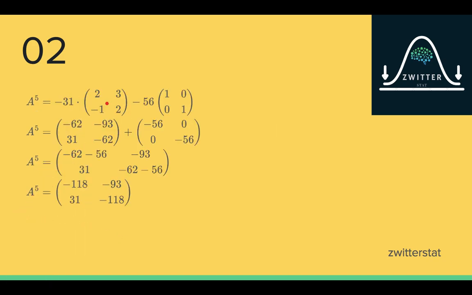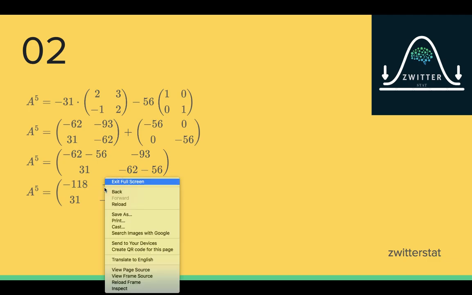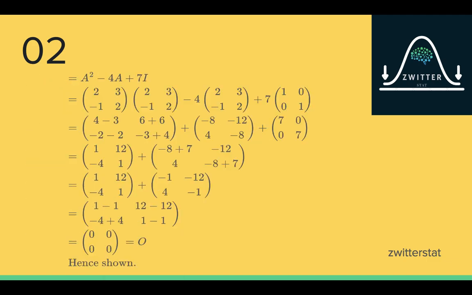So now I substitute the value of matrix A and the value of identity matrix and we will solve them, and finally we get A to the power 5 as minus 118, minus 93, 31 and minus 118. So see how simple it was to calculate A to the power 5, given that this expression was equal to a null matrix, right?